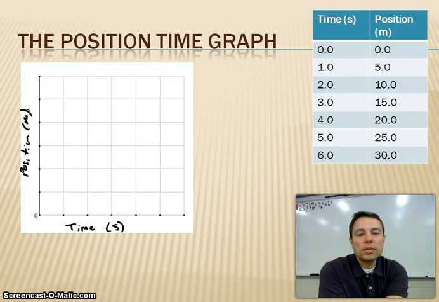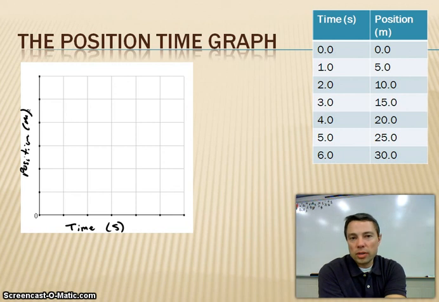Okay, and so we have these points, and we're going to do an XY scatter. And so if you remember when we did the gum activity, we did an XY scatter where our dependent variable was the mass of the gum, which changed depending upon how long we chewed it. We're going to do a similar thing here, and we're going to start where we have our points. And so I've got my nice little T-chart, and the first point I have is 0, 0.